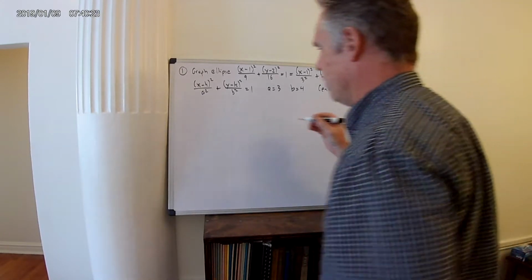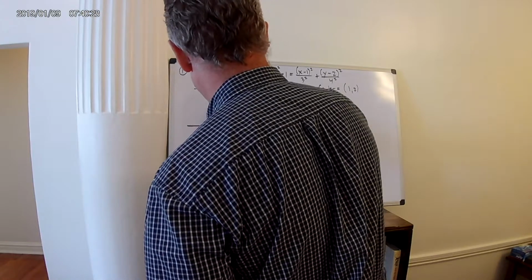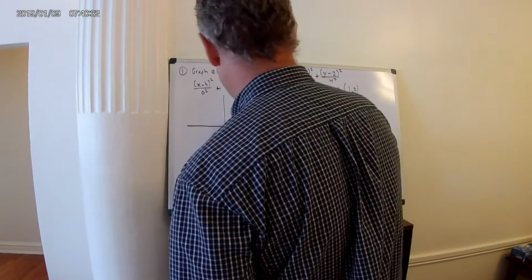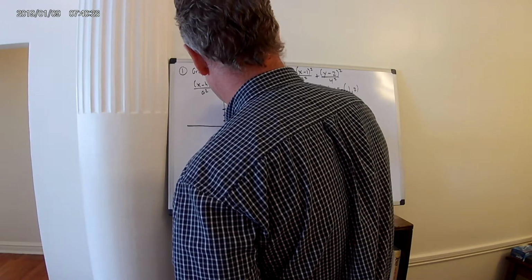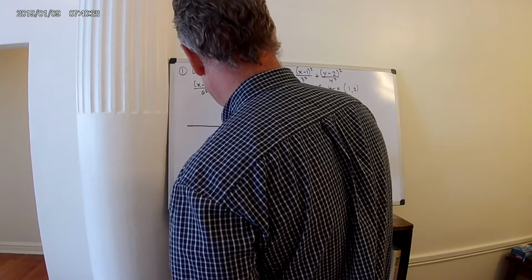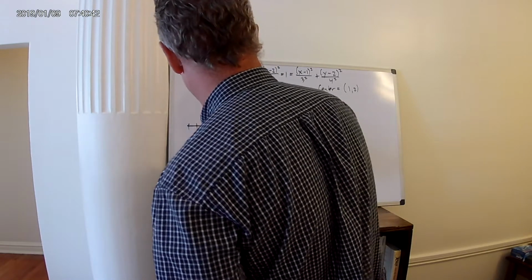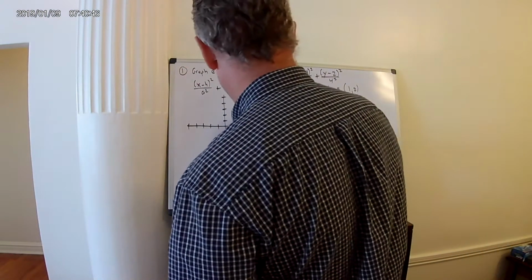Let's create a graph of this ellipse, with some tick marks here. We could have done this in Desmos as well, but we'll just create a quick graph by hand. Our center is at 1, 2.